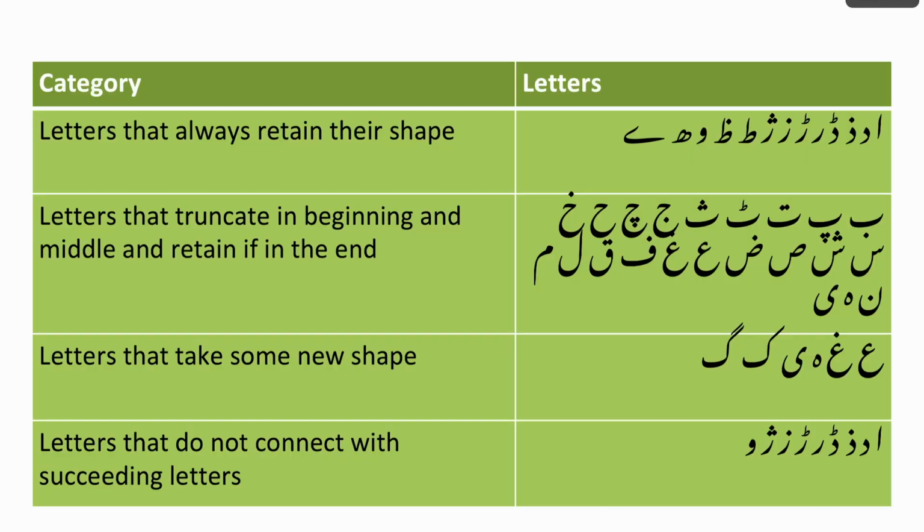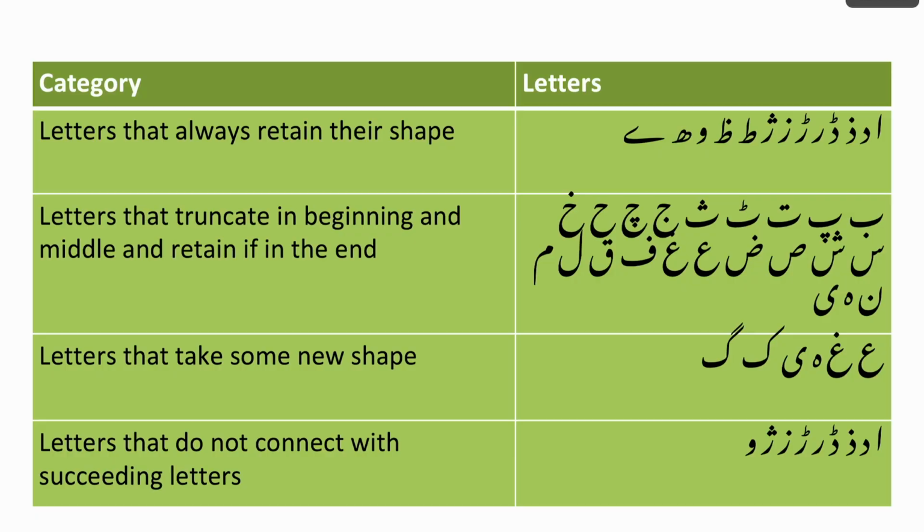Now, again, just to summarize the rules, there are letters which retain their shape always. Alif, dal, zal, dal, re, re, ze, je, toe, zoe, vav, do chashmi, and badiye. Letters that truncate in beginning and middle and retain their shape in the end. Bay family, Jim family, Sin family, Swad family, An family, Fe, Qaf, Lam, Mim, Noon, choti he, and choti ye.